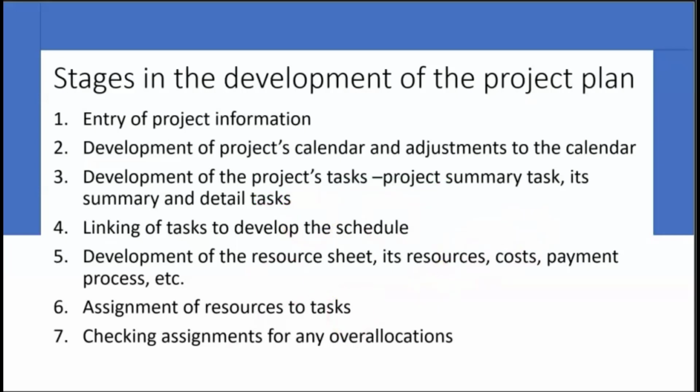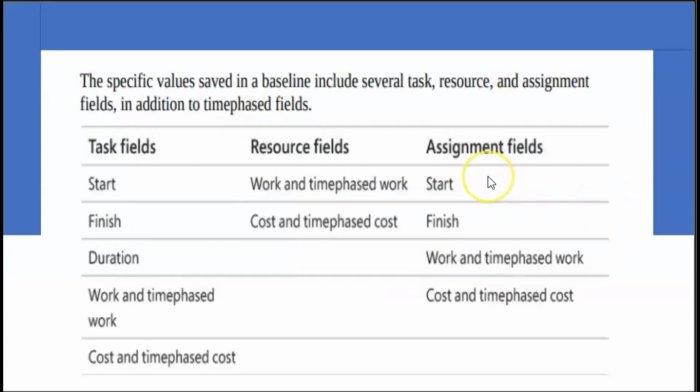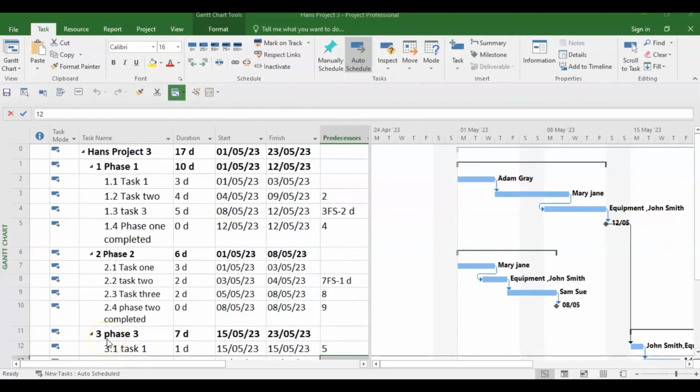So what are some other things we are going to be doing when we baseline? We are going to be capturing information on task fields, on resource fields, and on assignment fields. So let's get started. I have MS Project open. This particular project is fully optimized. There's no over allocation of resources. I have done all the checking necessary, and we are about to baseline.